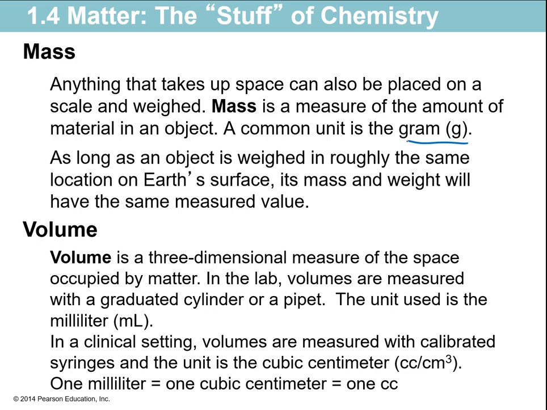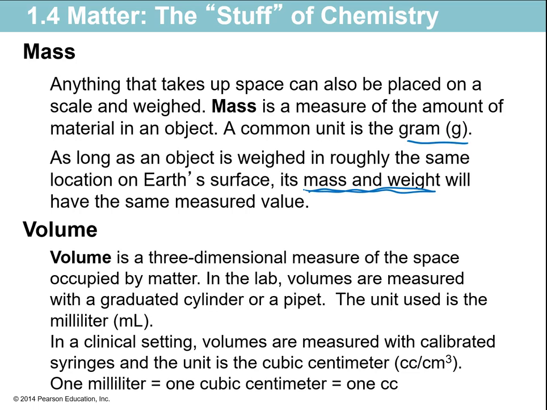When we talk about mass, we think about weight. Weight is really mass relative to the gravitational pull of the Earth. They're pretty equivalent, but a little bit different. You would have the same mass on the moon as on the Earth, but not the same weight.